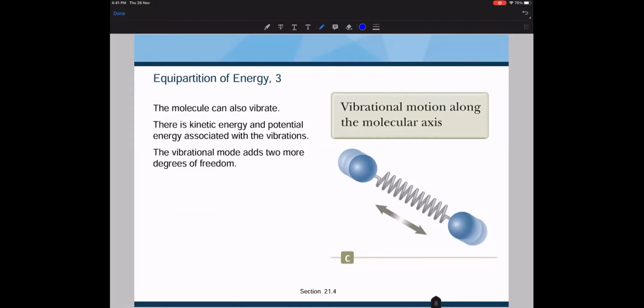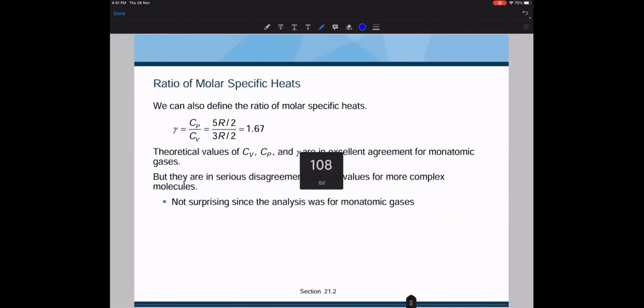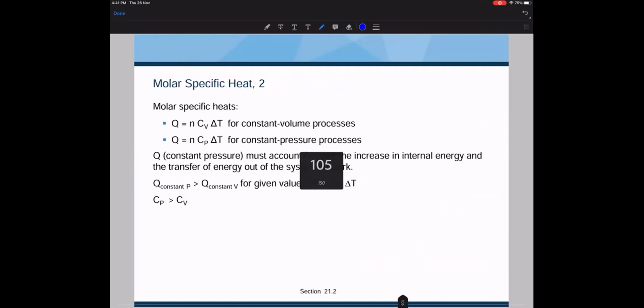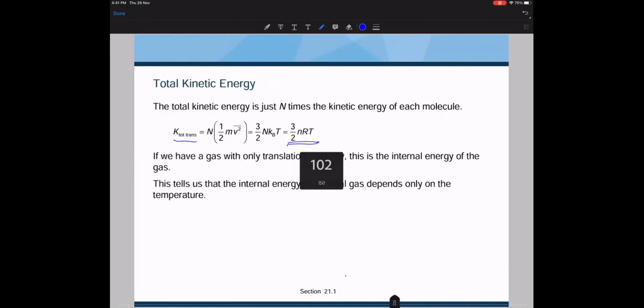So the main idea here is that when you have particles that are performing translational motion, the total kinetic energy is related to the temperature.